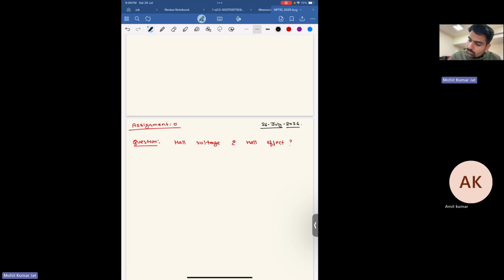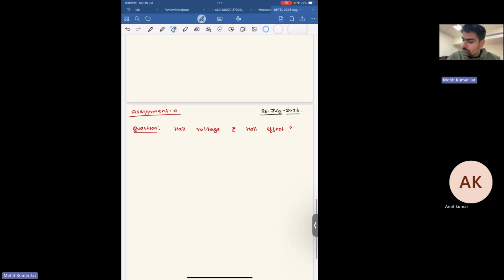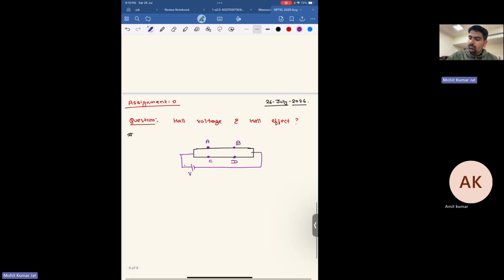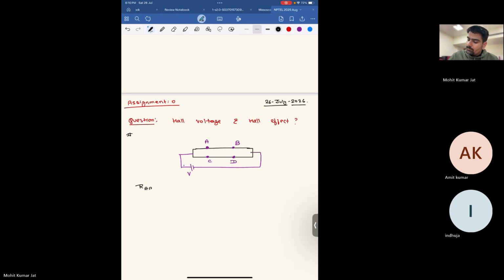So if you have a system, for example, you have a normal conductor, you apply a bias, you apply a battery to it, voltage, and then let me call the 4 points: this is point A, this is point B, this is point C, and this is point D. Then there will be a longitudinal resistance RAB, which will be finite, non-zero.